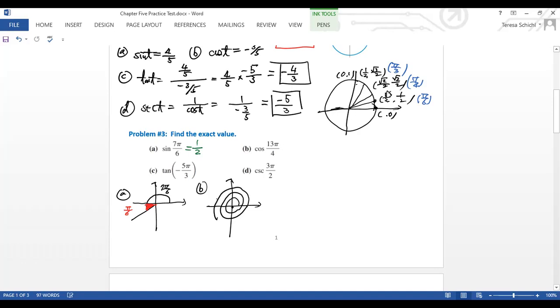So if you divide it, you will have what? 13 over 4, so it's 3 pi plus pi over 4, right?